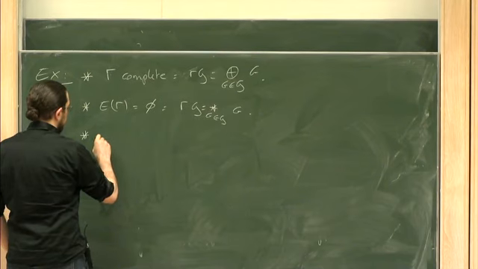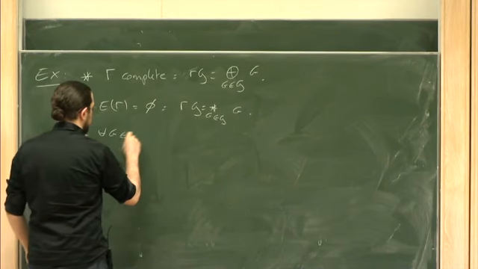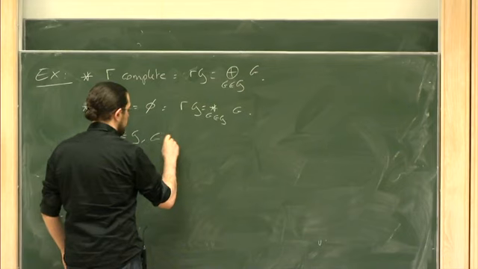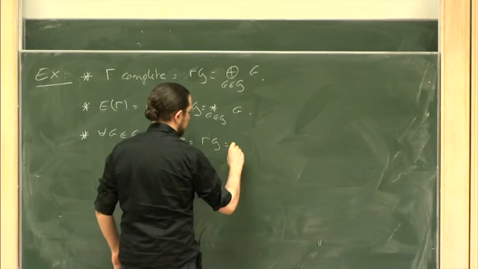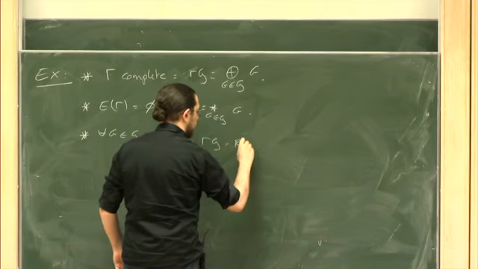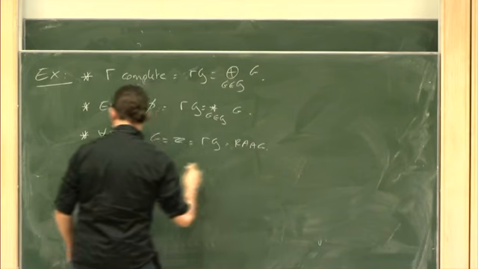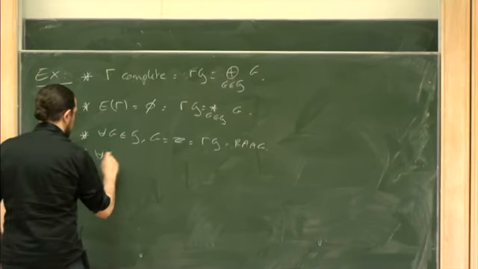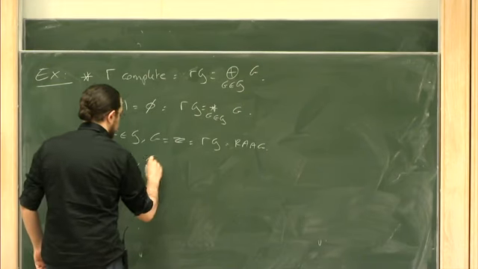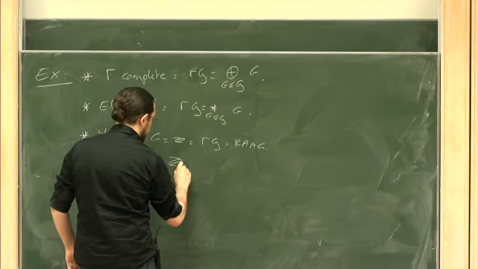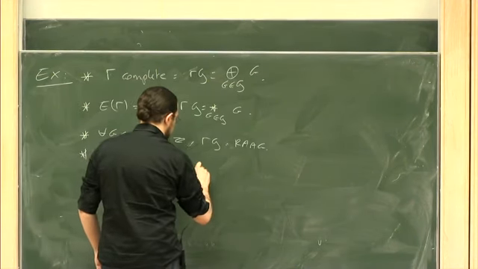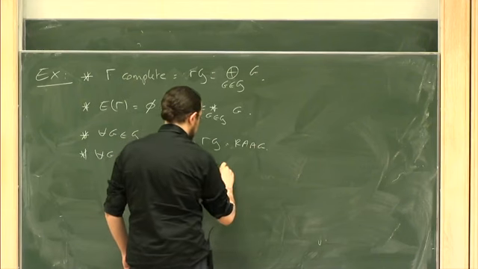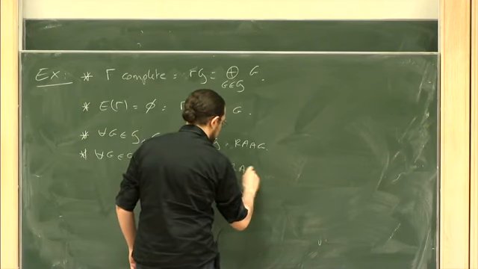So if every vertex group is infinite cyclic, then this is just a right-angled Artin group. Okay. If every vertex group is cyclic of order 2, then the graph product is a right-angled Coxeter group.